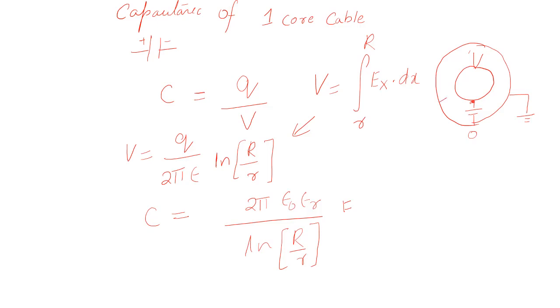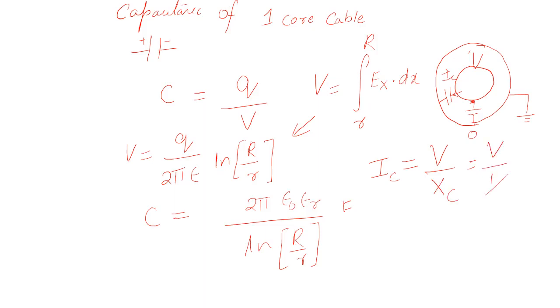Similarly, if there is a capacitive effect here, there will be a charging current flowing. I can call this charging current Ic. Ic will be the voltage upon the reactance Xc. And what is Xc?